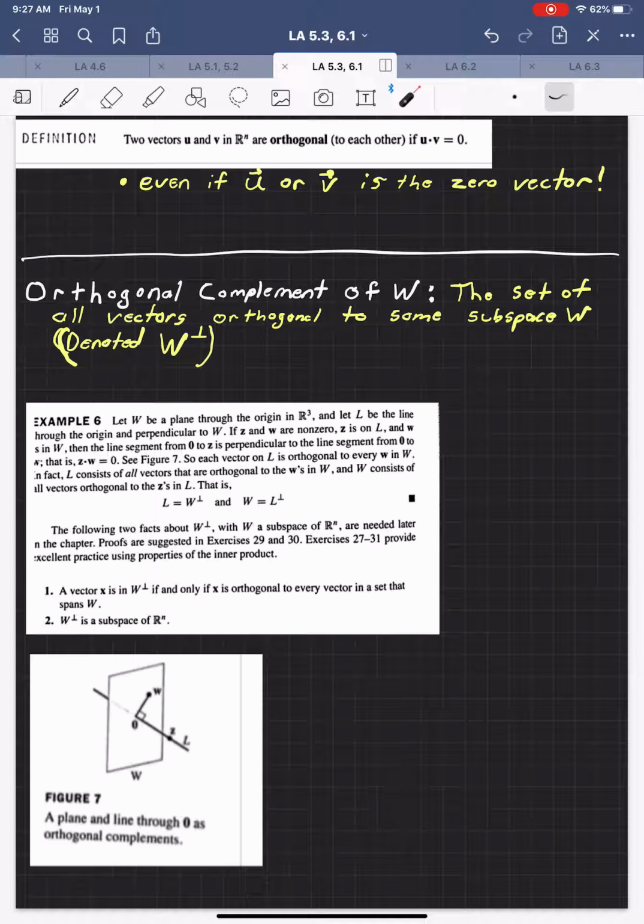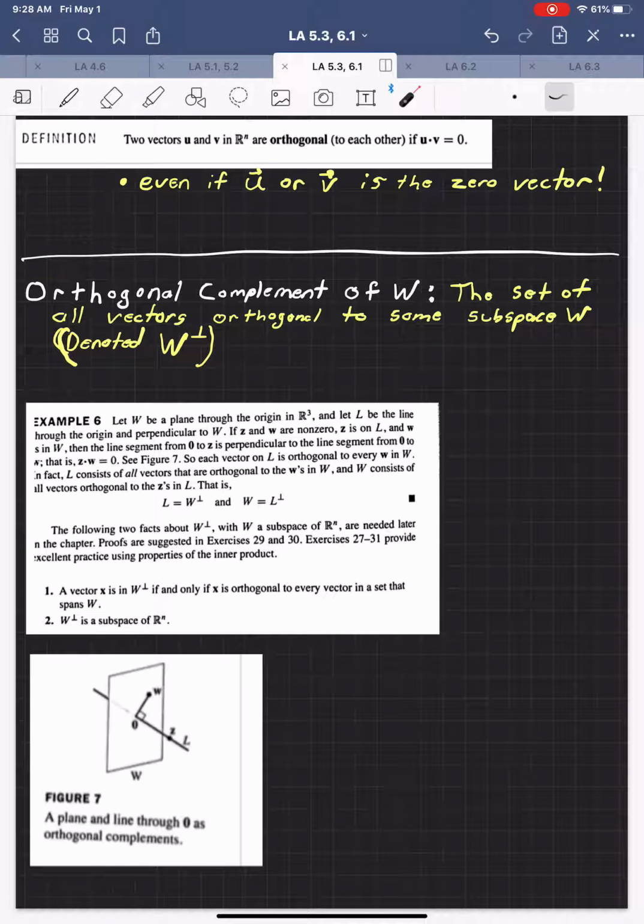All right, last bit of material, and we're going to talk about this a little bit more in the next section. Let me give you a definition. What I'm underlining right now is the definition of what we call an orthogonal complement of W. What do we mean by orthogonal complement of W? Well, it's defined as the set of all vectors that are orthogonal to some subspace W. So W is a subspace of some larger vector space.